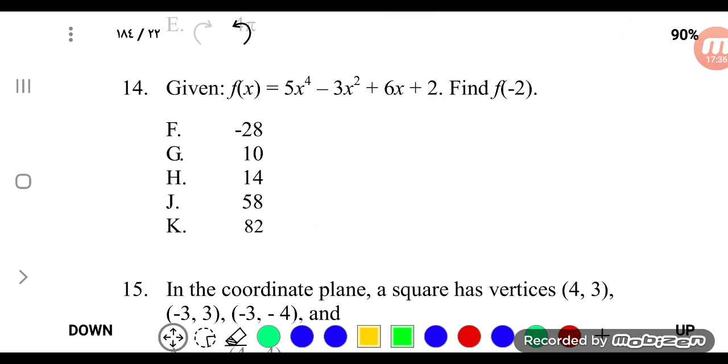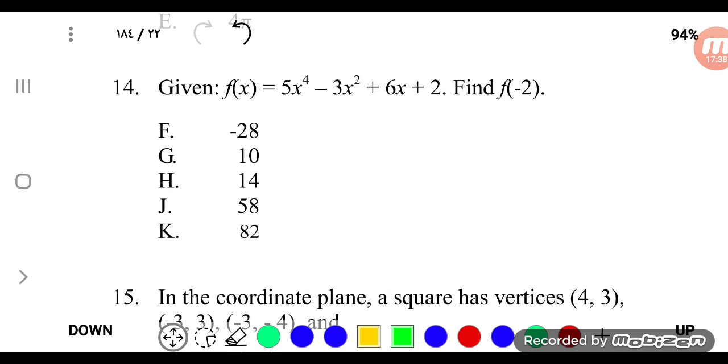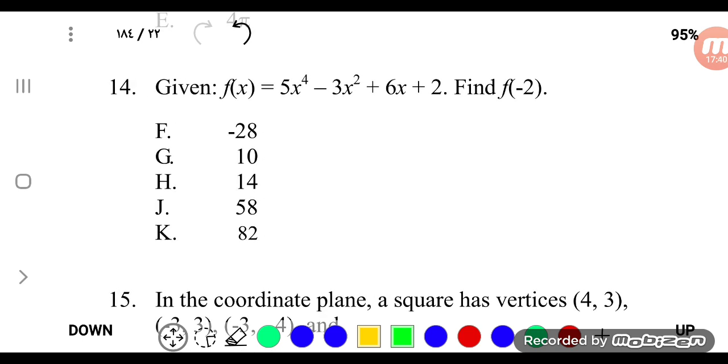Next question. Given that f of x is 5x to the power 4 minus 3x squared plus 6x plus 2, find f of minus 2. This question is very easy. F of minus 2, you plug minus 2 for x here.